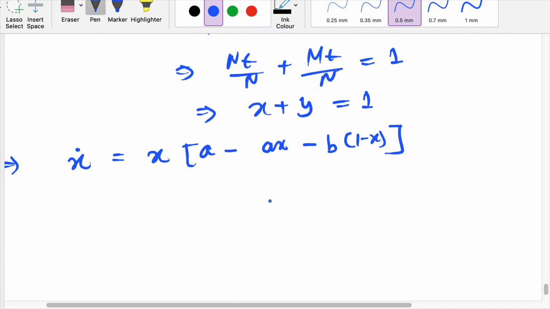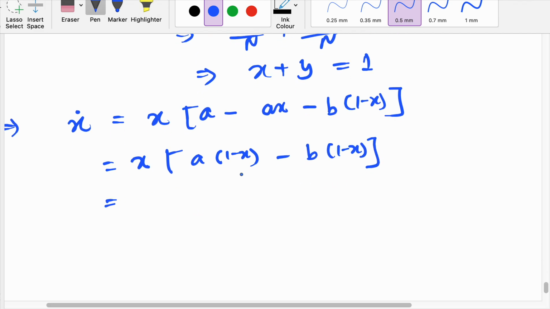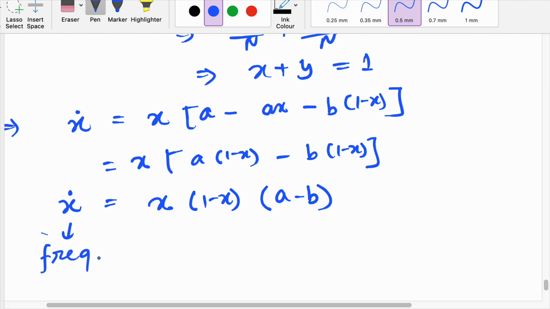If I simplify this equation more, a(1 minus x) minus b(1 minus x), so if I take 1 minus x common, x dot equals x(1 minus x)(a minus b). x dot is the rate of change of the frequency of the red type.